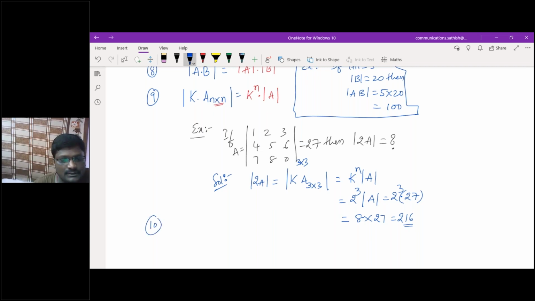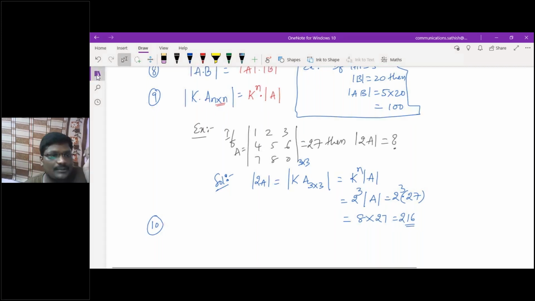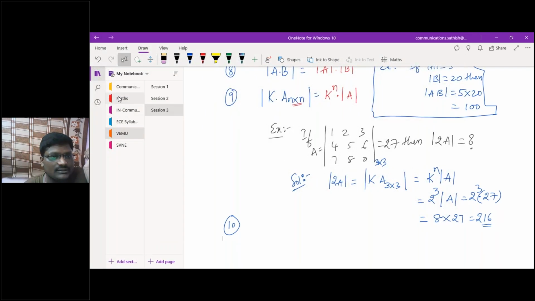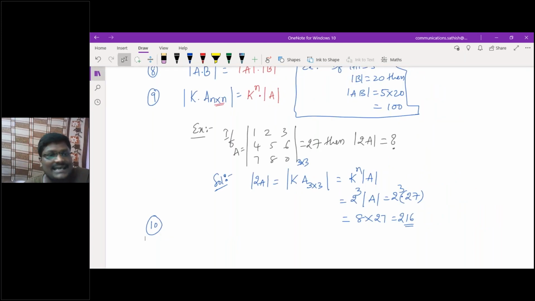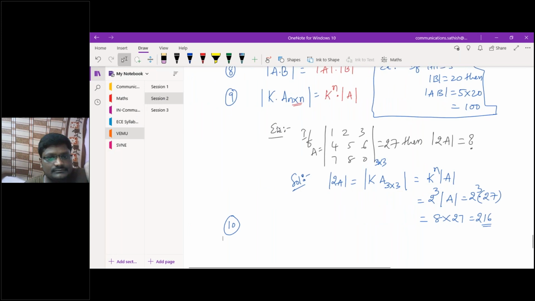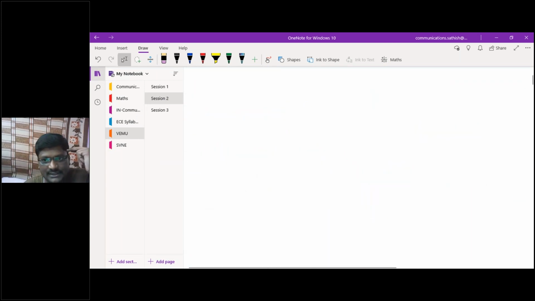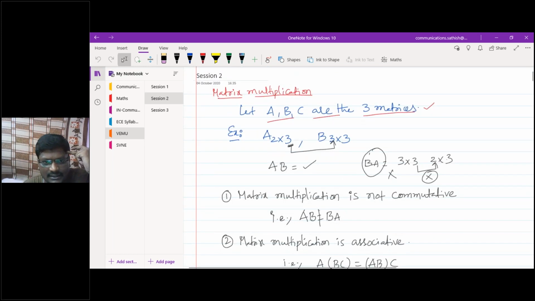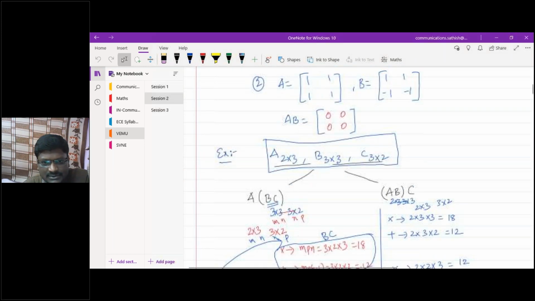Sir, I have a doubt. When we have a matrix A and multiply it with 2, what do we get? That is matrix multiplication with a scalar, K into A. If you observe properly, I have given you the basics of matrix multiplication with a scalar.